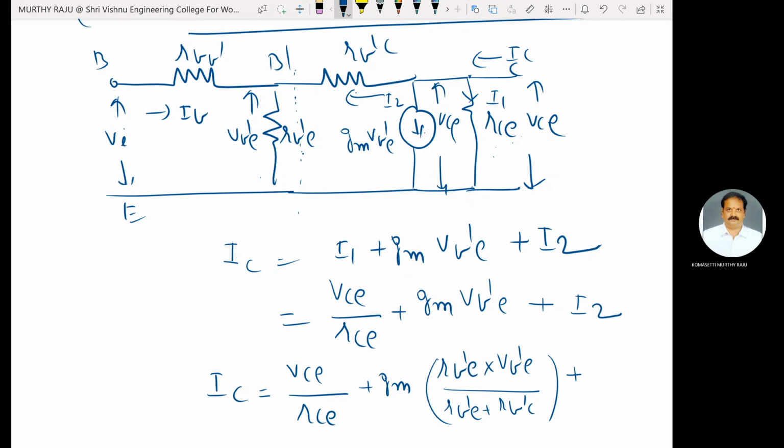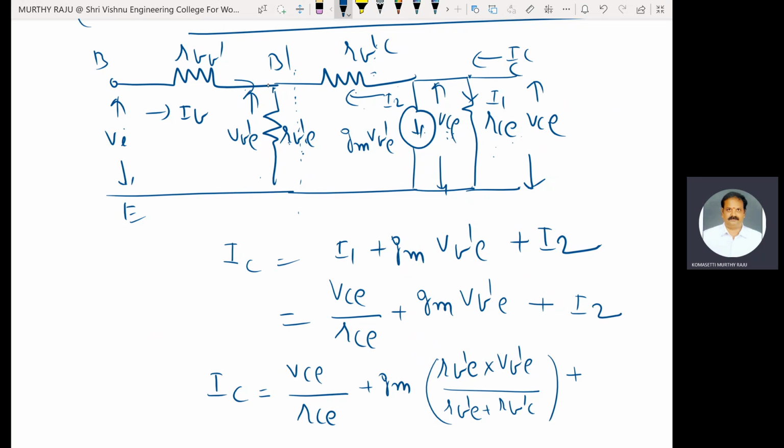And one more expression is also there, that is I2. These two are connected in series. Here the voltage is VCE, and from that VCE only the I2 current is obtained. Therefore, I2 is equal to VCE by the sum of these two resistances.